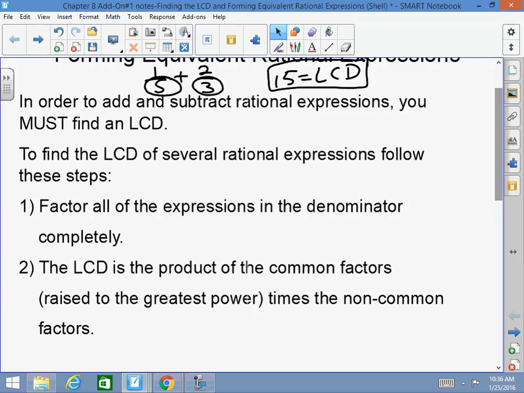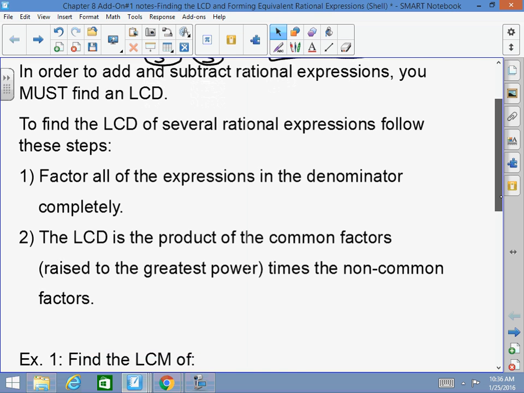Number 2, the LCD is the product of the common factors raised to the greatest power times the non-common factors. That is what the LCD will be.